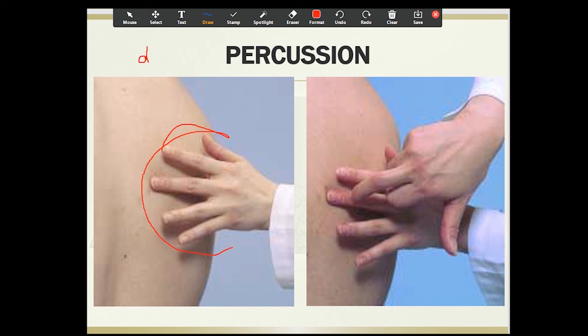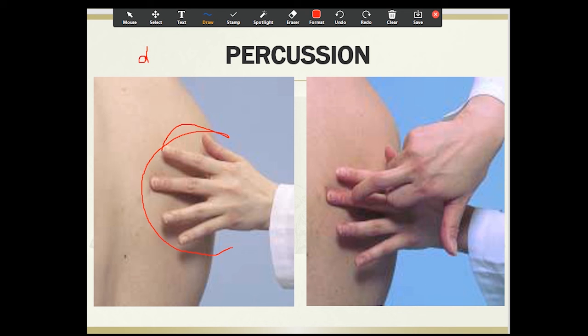That's direct percussion. If I use two hands, one hand put on the patient's body, and then I use the other hand over it, tapping on my hand, with my hand touching the patient's body, that's indirect percussion.